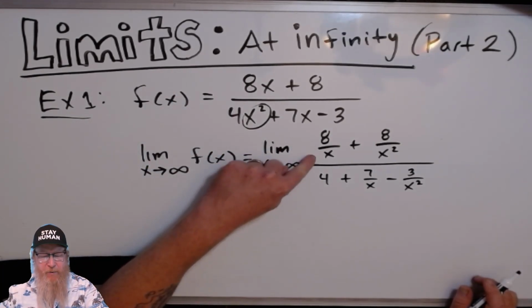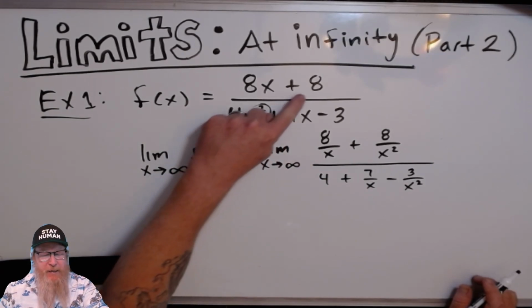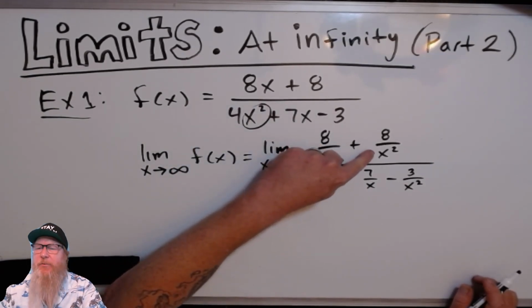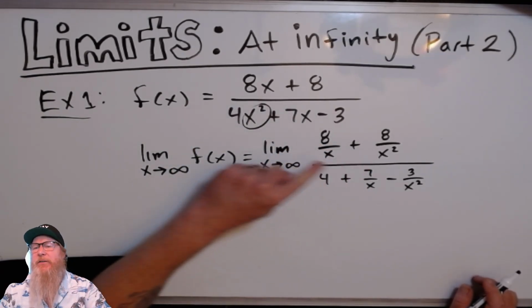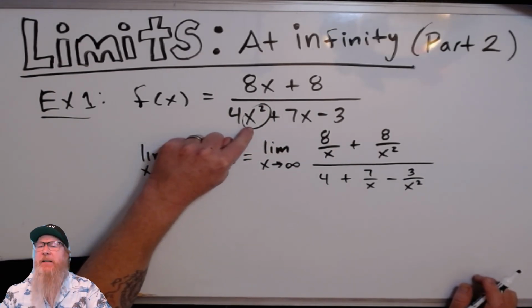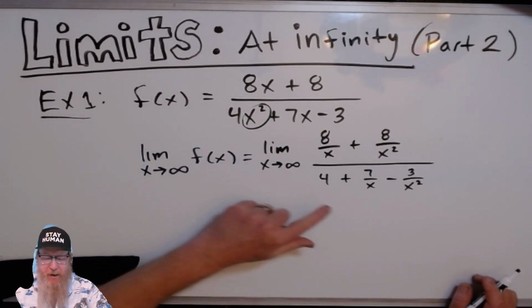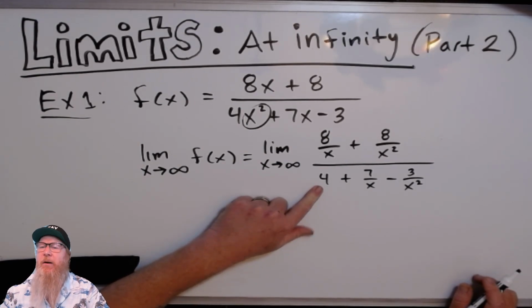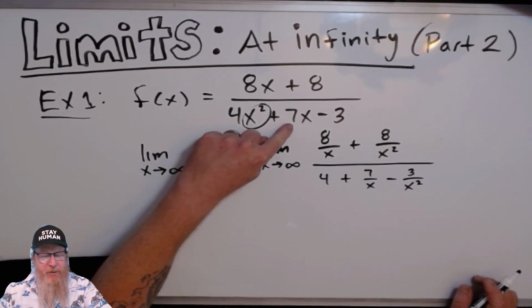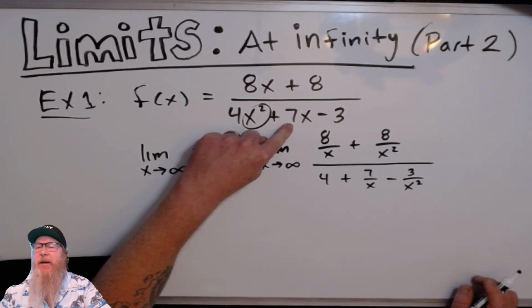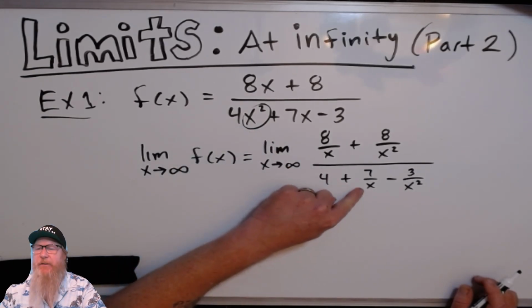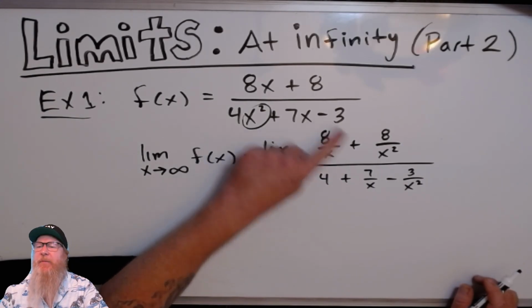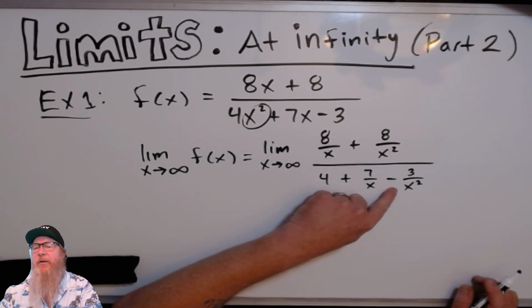So that'll be 8 over x. I divided 8 divided by x squared. That'll just be 8 over x squared. I divided 4x squared divided by x squared. So that just becomes 4, and so on and so on. So 7x divided by x squared is just 7 over x. And then negative 3 divided by x squared is just negative 3 over x squared.